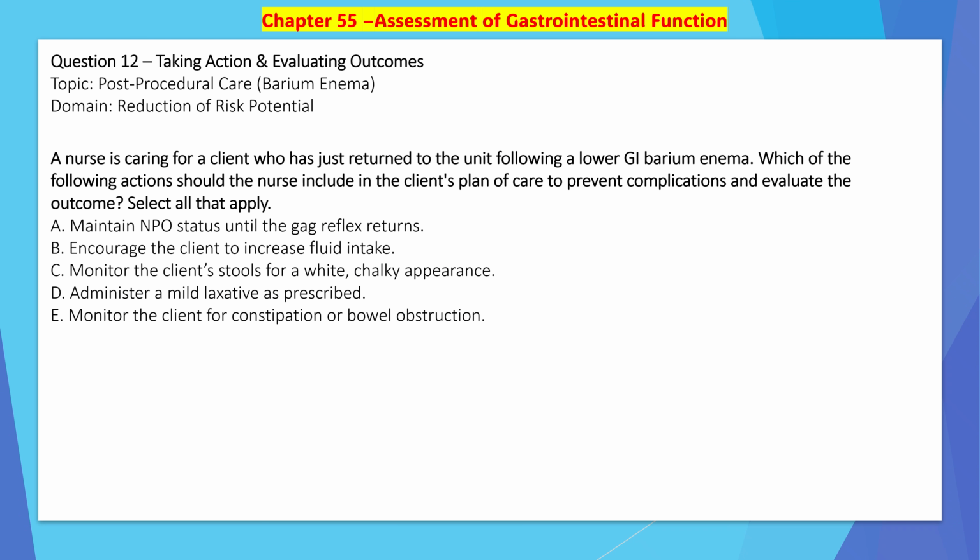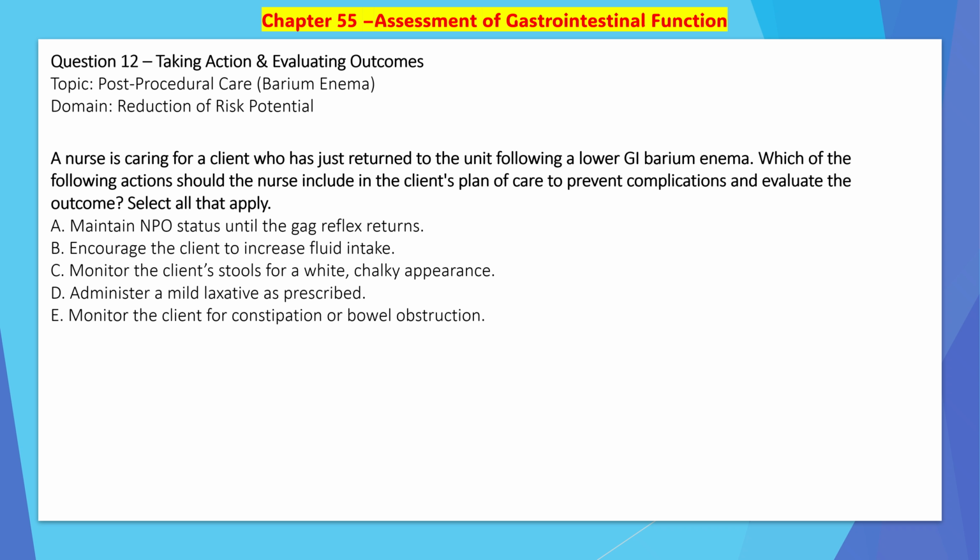Question 12. Reduction of risk potential, with taking action and evaluating the outcome. A nurse is caring for a client who has returned to the unit following a lower GI barium enema. Which of the following actions should the nurse include in the plan of care to prevent complications and evaluate the outcome?